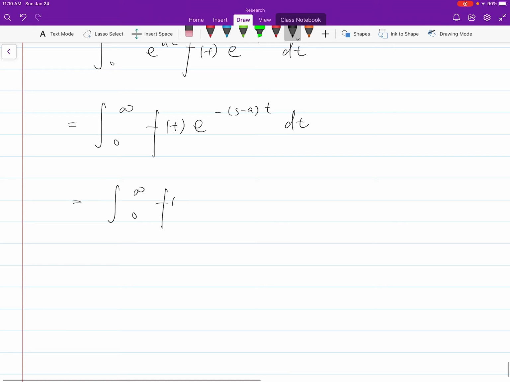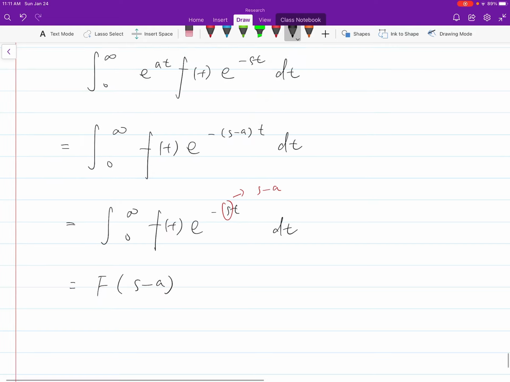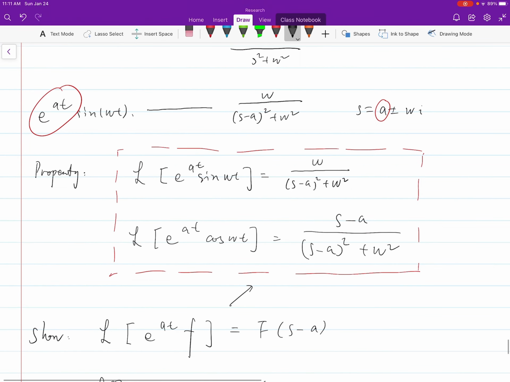So this is basically this, but replace the s by s minus a. Therefore, this is going to be the Laplace transform, just replacing your f's s with s minus a. So this is certainly going to be good. Then we have this thing here. This is basically coming from omega over s squared plus omega squared, replacing s by s minus a. This comes from s over s squared plus omega squared, replacing s by s minus a. We have these two.